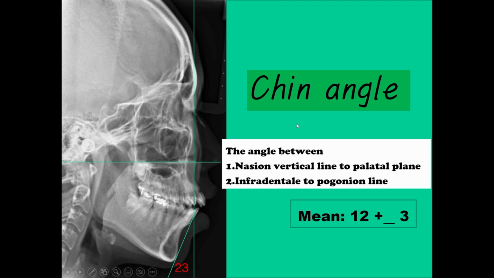Okay, so the chin angle means this one. 23 is larger than the normal range. It means we try to move anterior teeth back because this patient complains about protrusion. Okay, but we use the extraction space very, very efficiently.